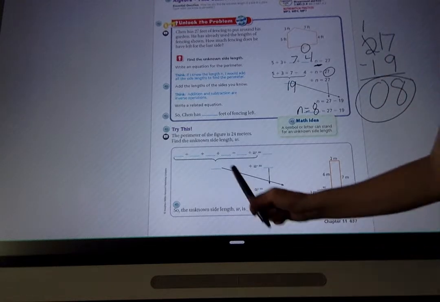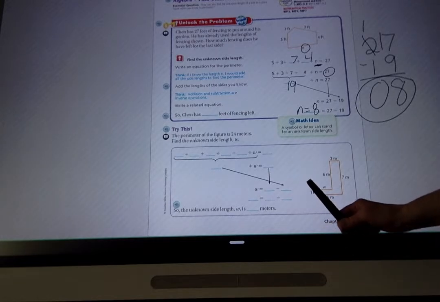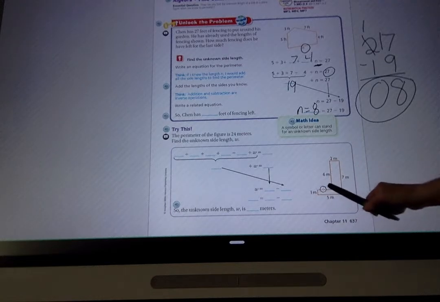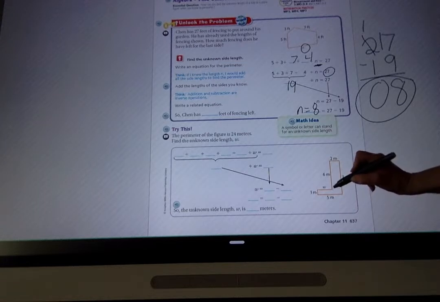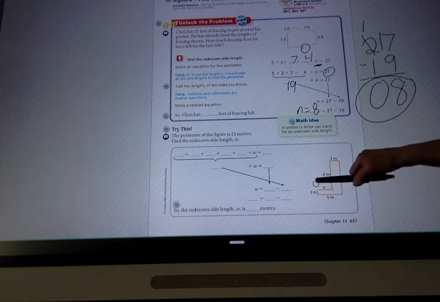Try this. The perimeter of the figure is 24 meters. Find the unknown side length, W. Okay, so when I look over here, here's W. Here's W. I am going to start here. So find a place to start and make sure that you measure all of your numbers.